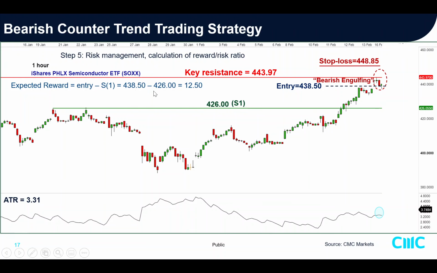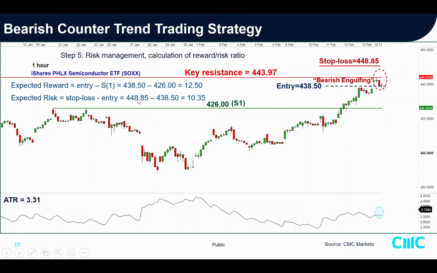So it's 438.50 minus 426, which is $12.50 per trade. My expected risk will be if price action goes up instead of coming down, I have to get out because there is a very high chance that our initial bearish counter trend strategy has failed.